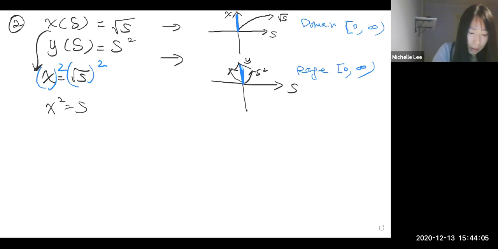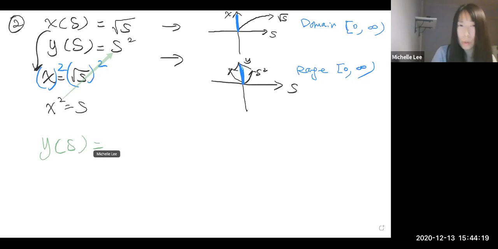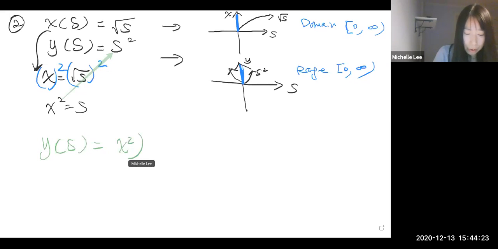So y of s equal to s squared, and s squared is x squared squared. Can you see that?